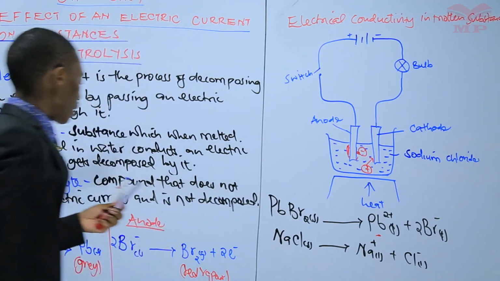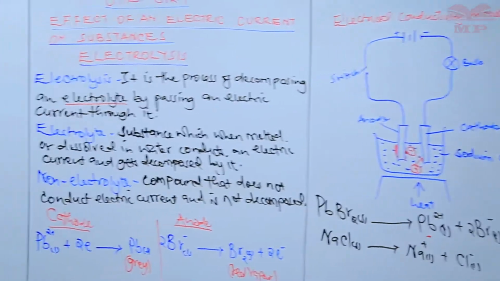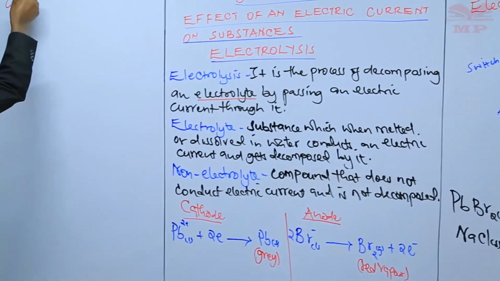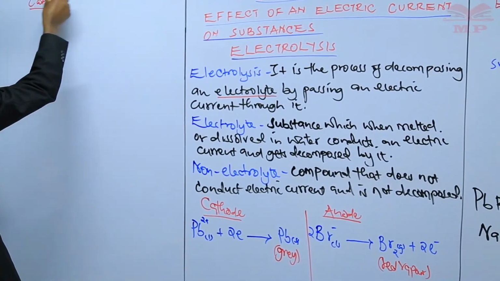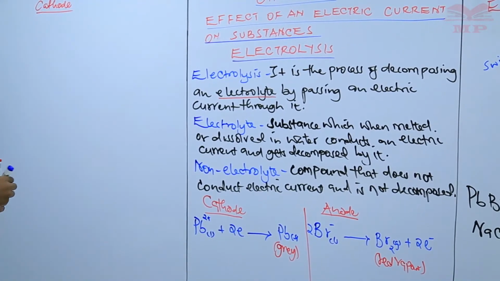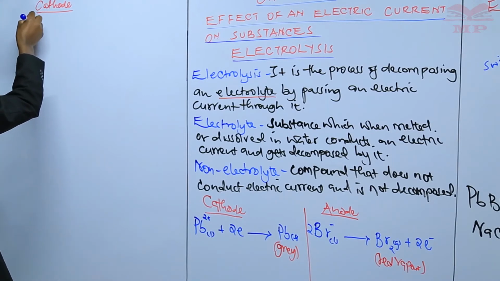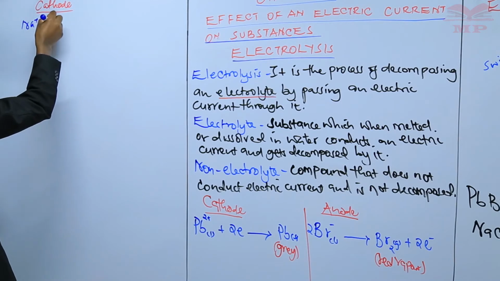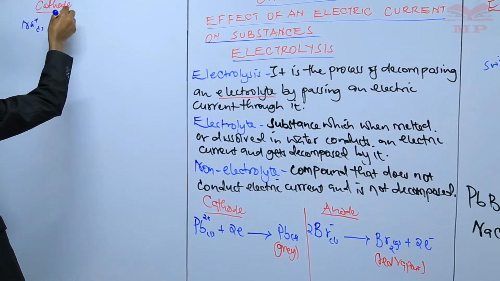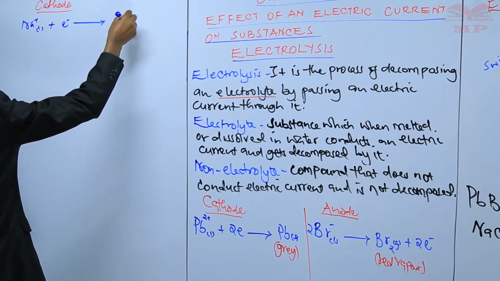And therefore, the equation at the cathode would be: sodium ions, which are in liquid state, will gain an electron and be deposited as a sodium atom.